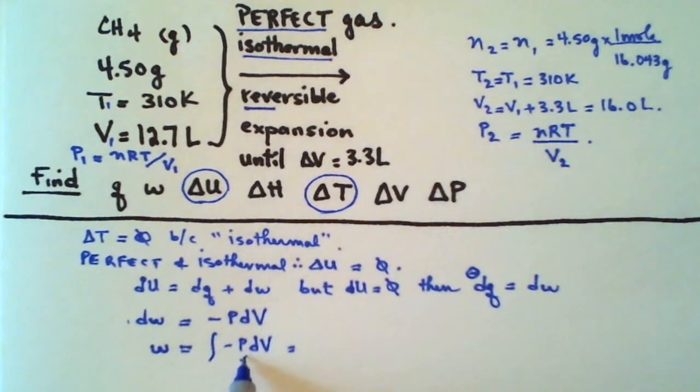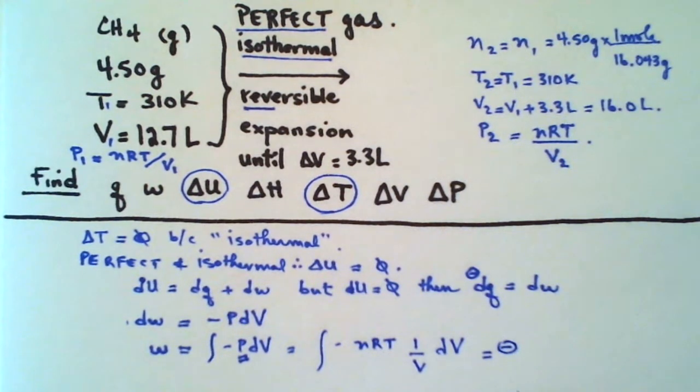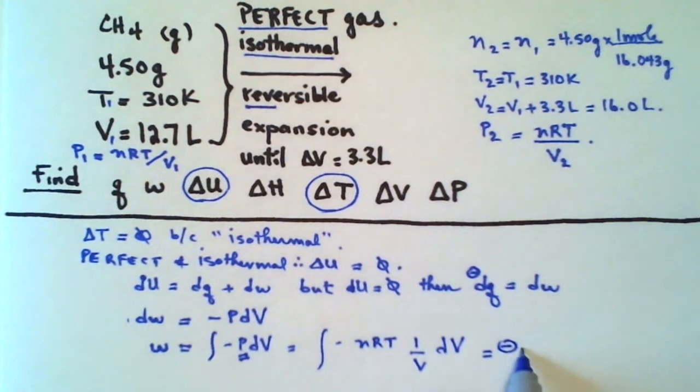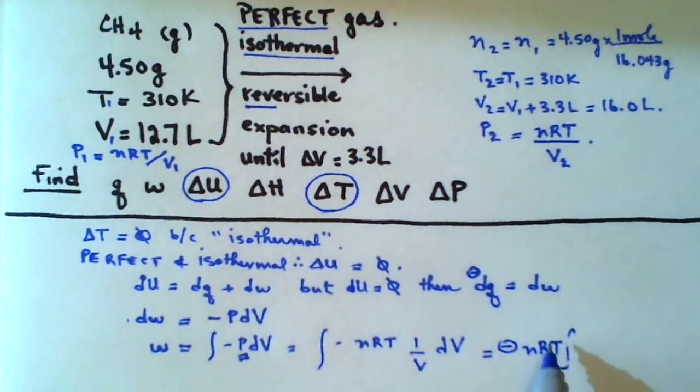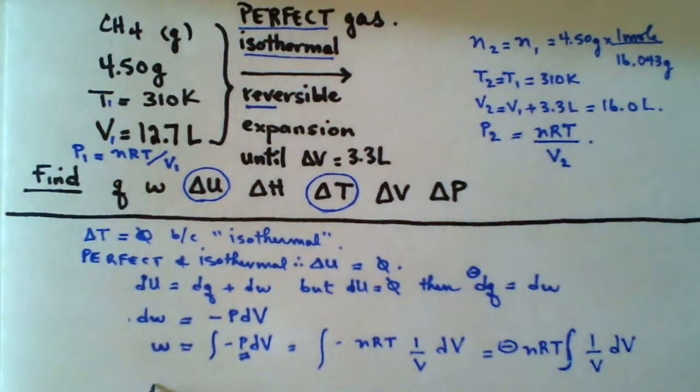What I'm going to do is replace pressure with nRT over V, but I'm writing it like this to really pronounce the integral. I pull out, I don't want to forget the negative sign, I pull out what is constant, nRT, in front of my integral sign, and I'm left with 1 over V dV.